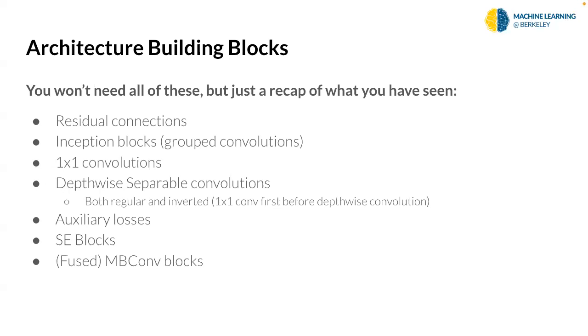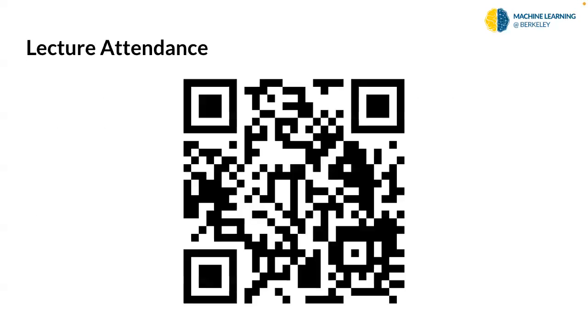There's also separable convolutions for creating very efficient networks. Auxiliary losses for injecting gradient signals in the middle of a network. Squeeze excitation blocks, which we did not talk about, and diffusion and beconf blocks that we also did not talk about, but we'll talk about in the next lecture.